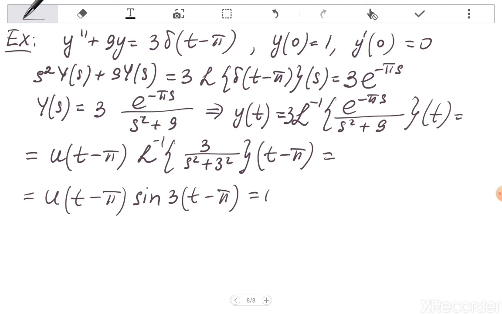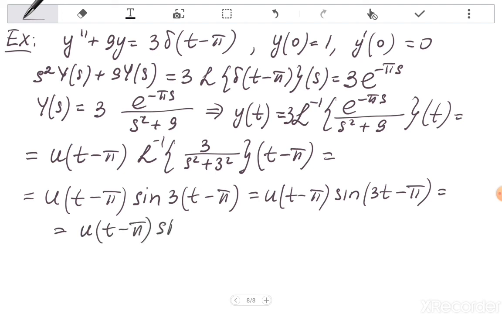So this is in fact u(t minus pi) sine of 3t minus 3 pi, and this is the same as minus sine 3t, right? So this is in fact u(t minus pi) sine 3t, just with a minus in front of the function.